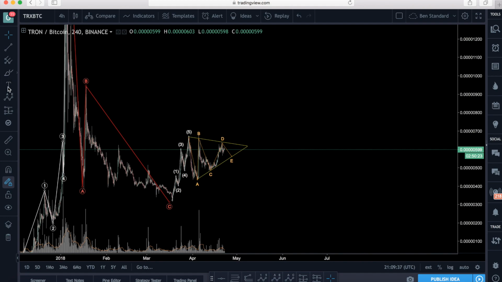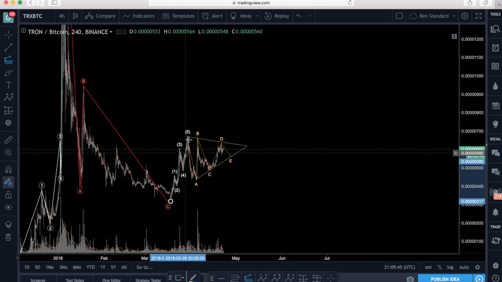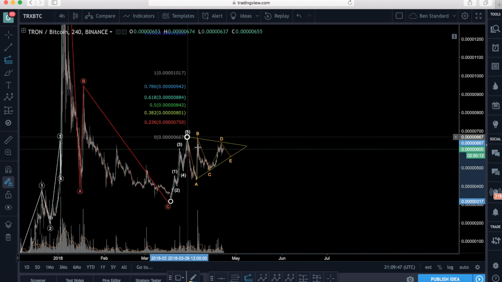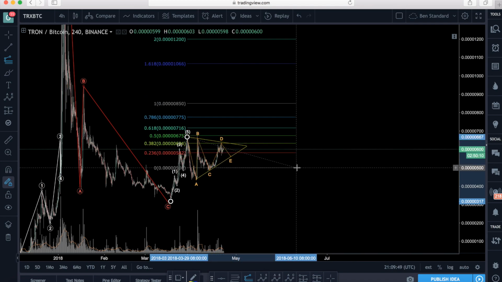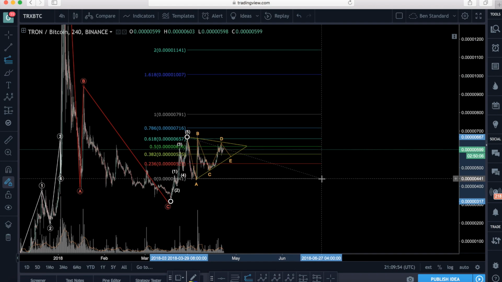So I take the Fibonacci extension tool, draw it from the bottom of the first wave, till the end of the first wave, till the bottom of the second wave.